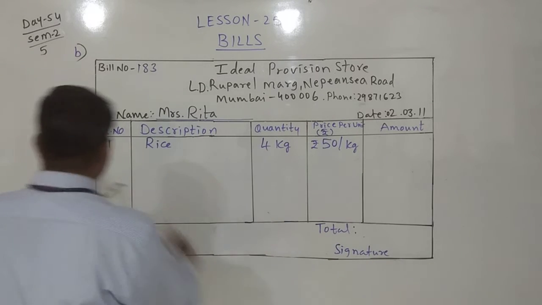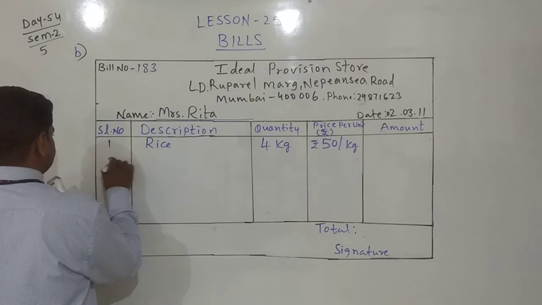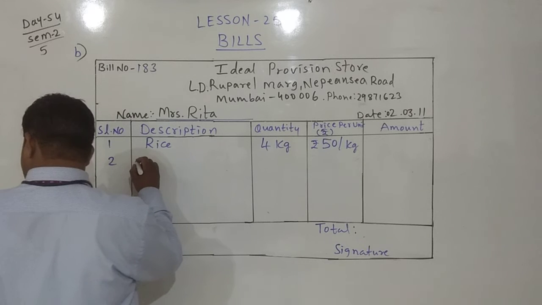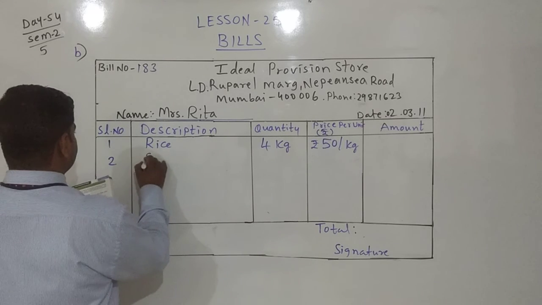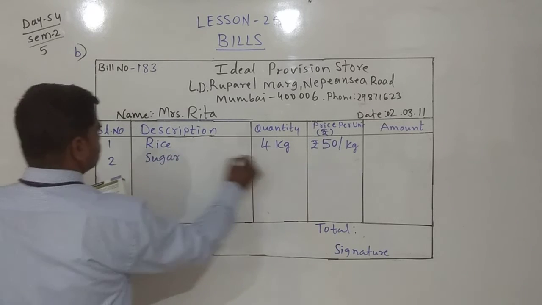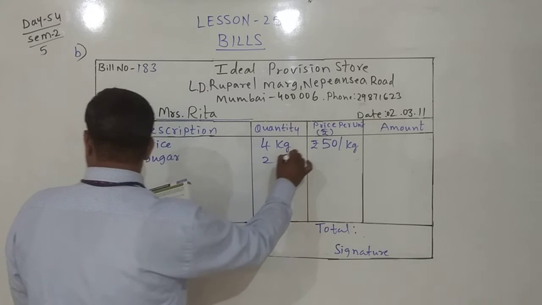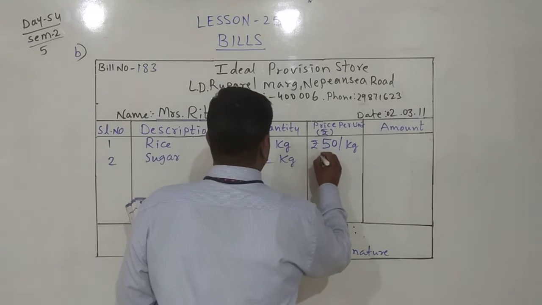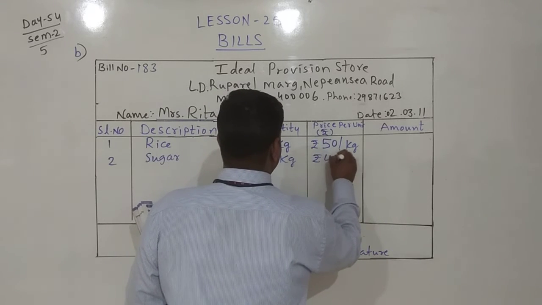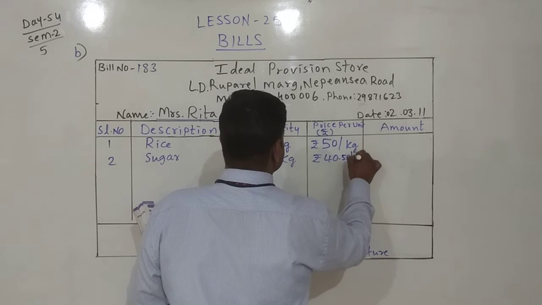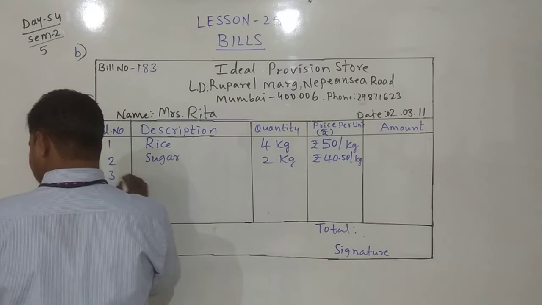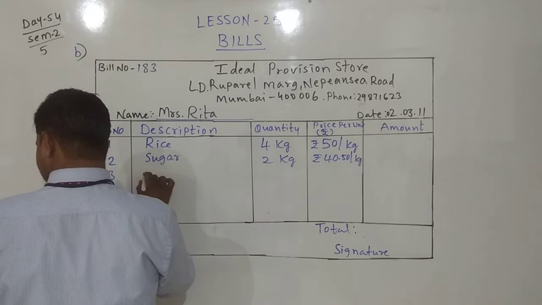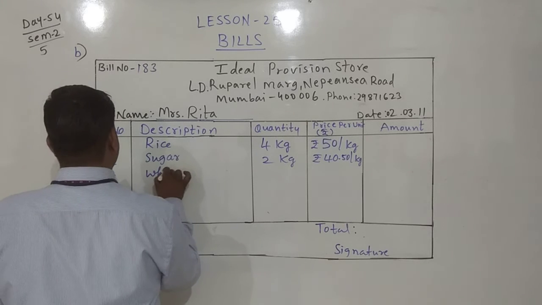And 2 kg, second one. Yes, what is that? Sugar, 2 kg, the rate is 40.50 per kg. Yes, the third one, wheat flour, 4 kg of wheat flour.